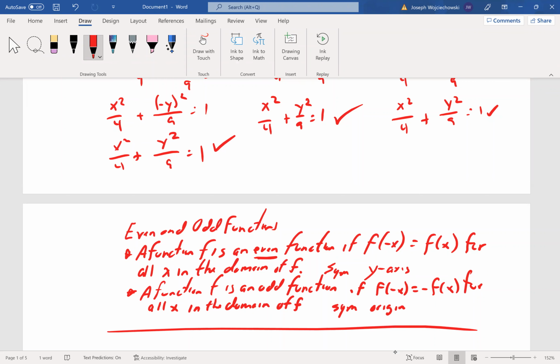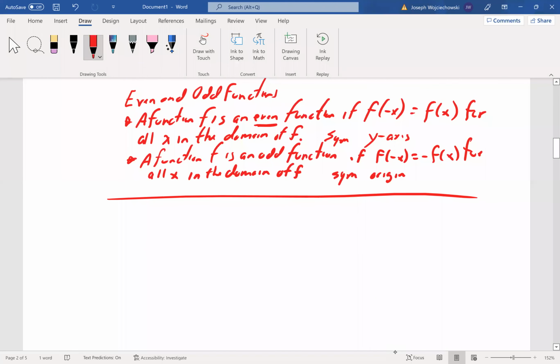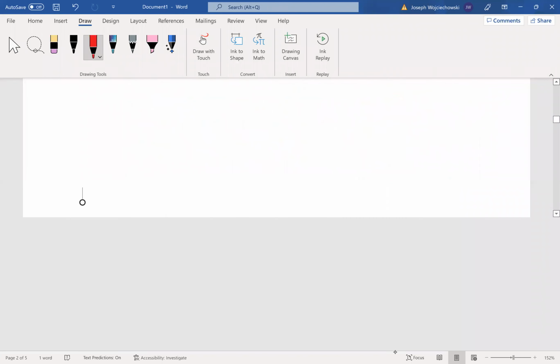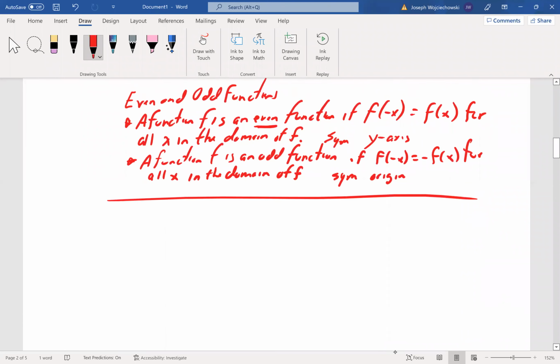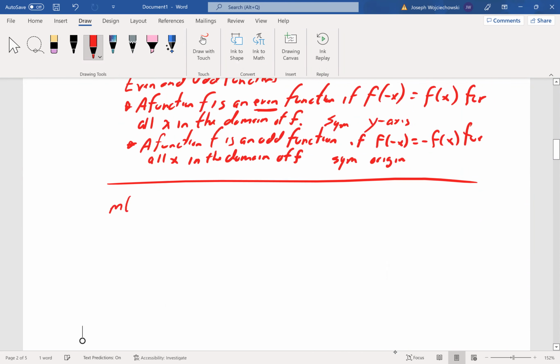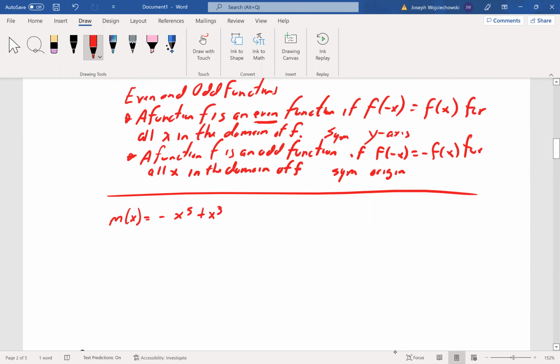So let's look at some equations here. Start with m of x equals negative x to the fifth plus x to the third. It's always a good idea to check to see if it's even first. So we want to find out if f of negative x is equal to f of x, or in this case, m of x. So what is m of negative x?